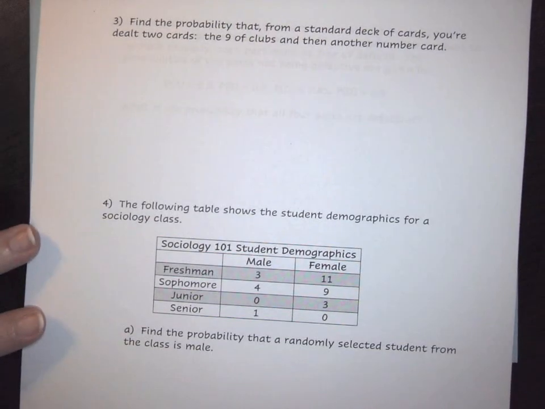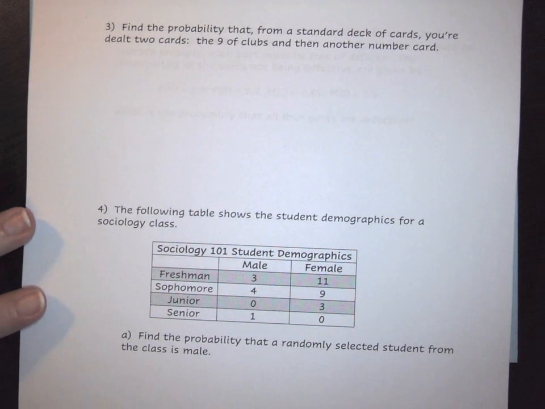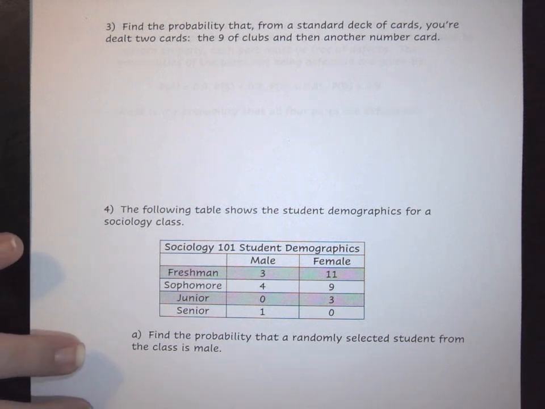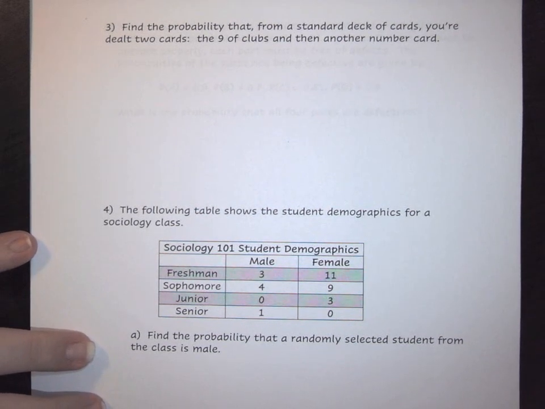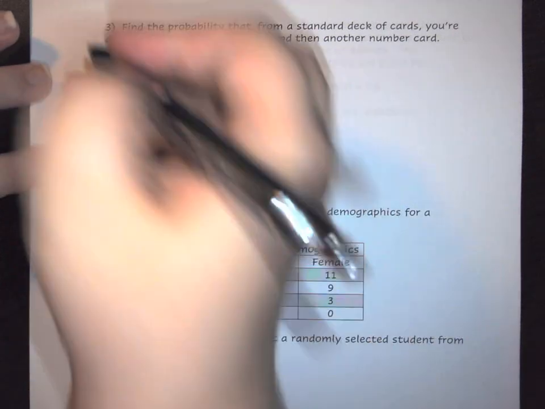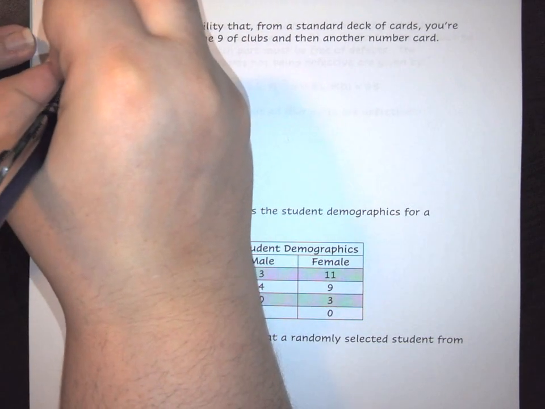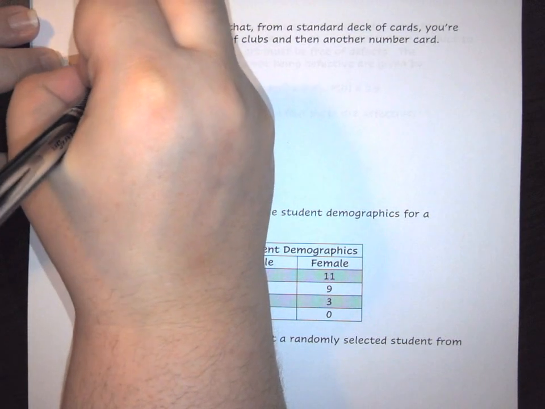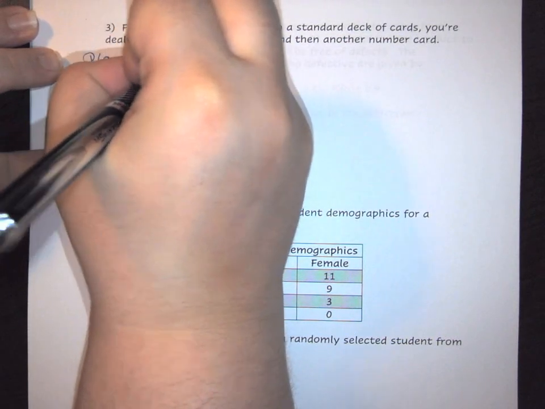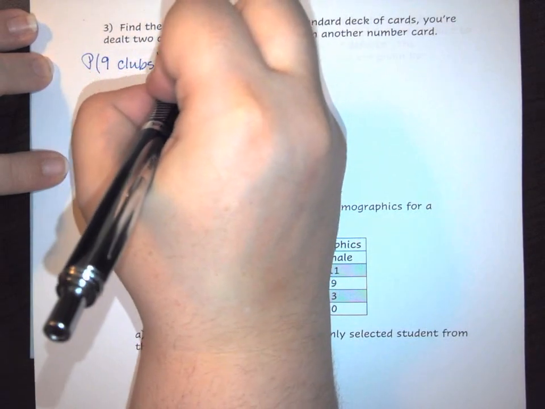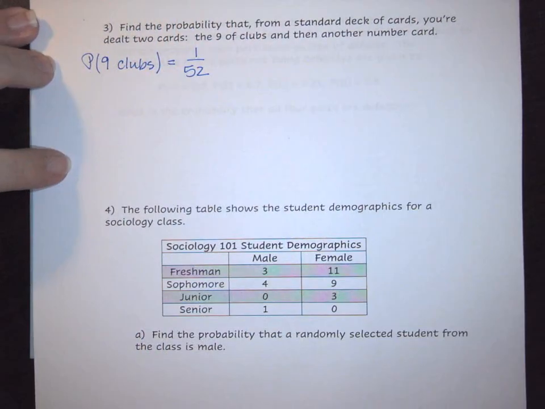Alright, let's look at another one here. Let's find the probability that from a standard deck of cards you're dealt 2 cards, the 9 of clubs and then another number card. So first I'm looking at the probability that I'm going to get the 9 of clubs. Well, the probability of that happening is 1 out of the 52 cards I have.